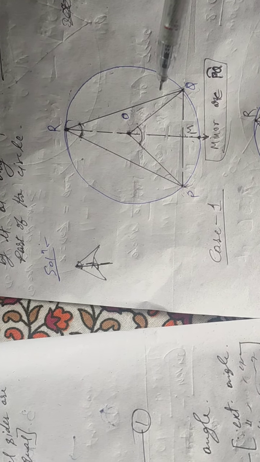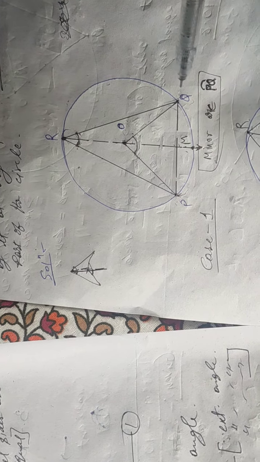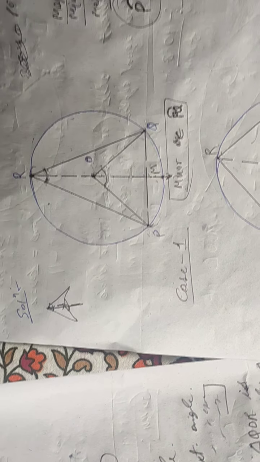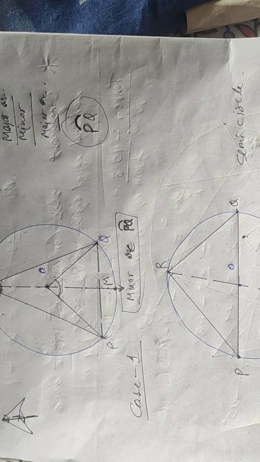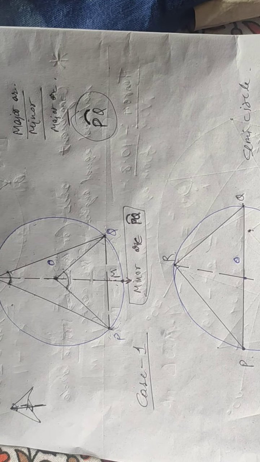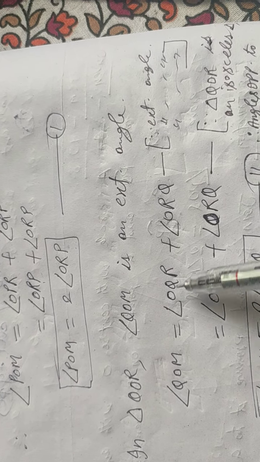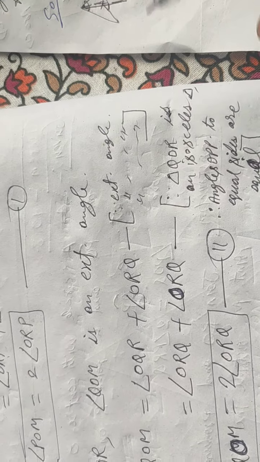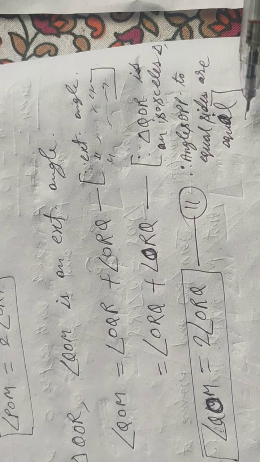Exterior angle property we will be using: the exterior angle of a triangle is equal to the sum of the interior opposite angles. So angle QOM is equal to angle OQR plus angle ORQ. In place of OQR we will be writing ORQ. Reason: since triangle OQR is an isosceles triangle, angles opposite to equal sides are equal.